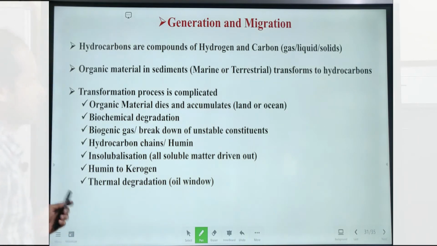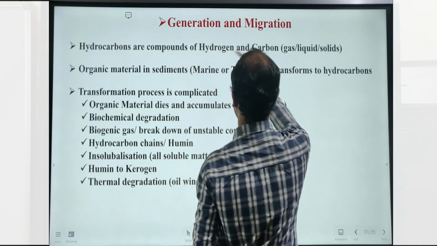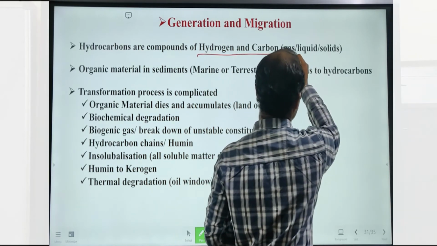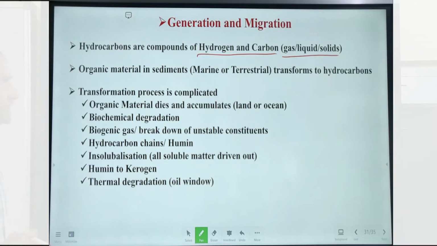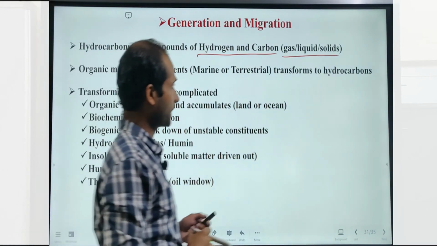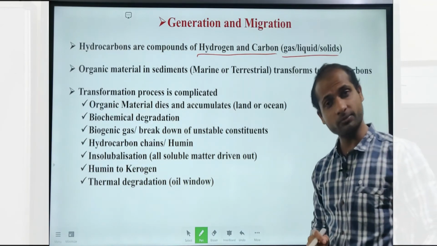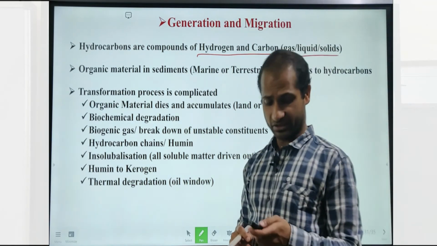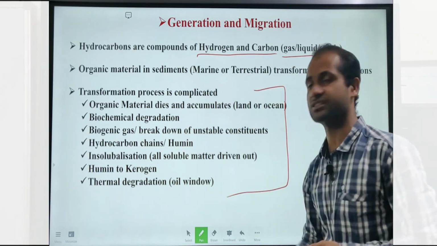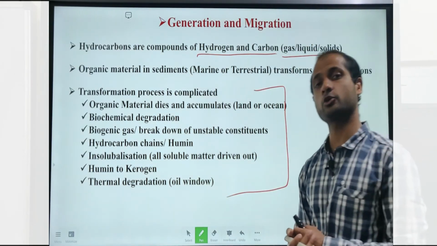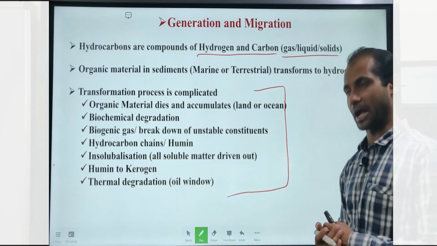As we have already discussed, hydrocarbon is made up of hydrogen and carbon mainly, and it occurs in gas, liquid and solid forms, and is usually formed by transformation of material from either marine origin or terrestrial origin. And this we have already discussed during the transformation of organic matter into hydrocarbon.